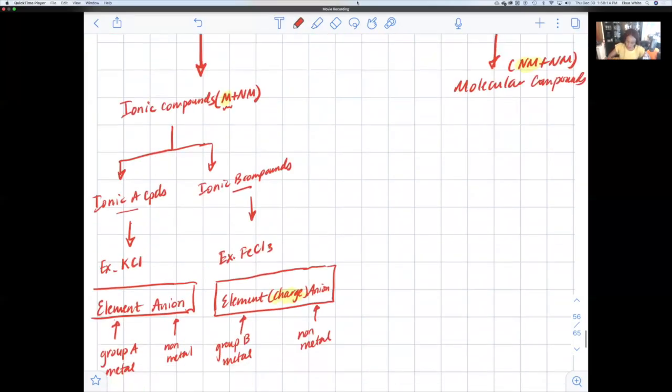Okay, for this we have regular molecular compounds. Example: N2O.